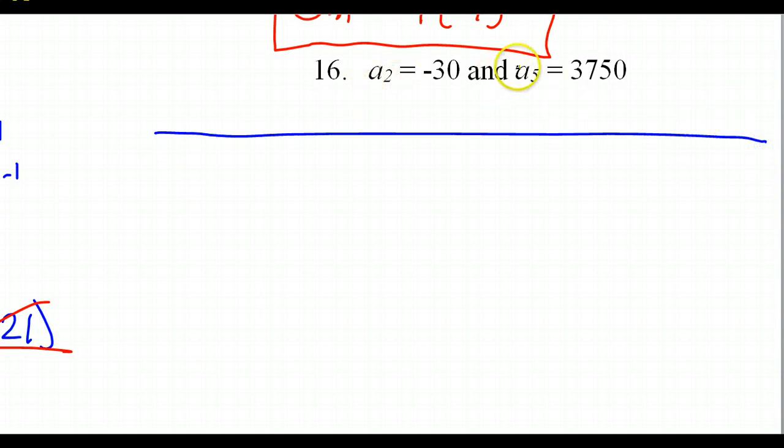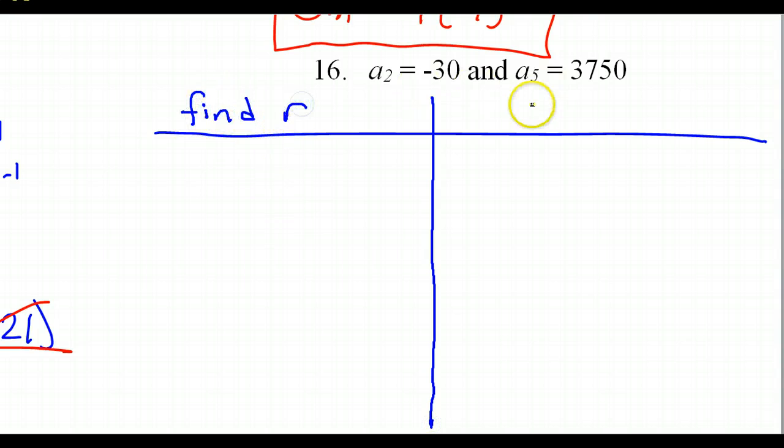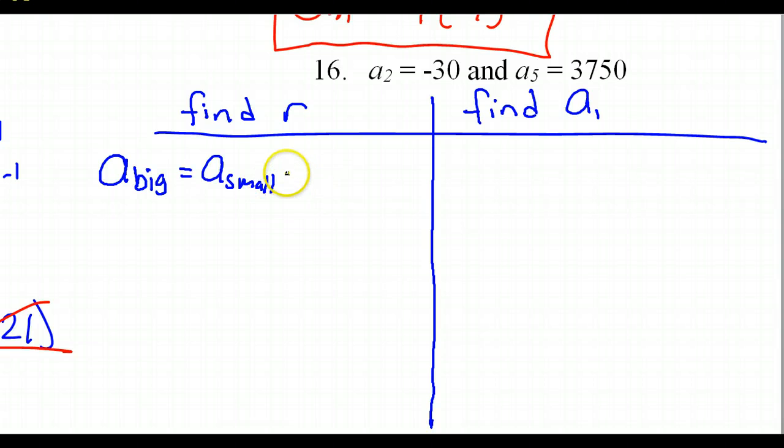In these problems where we are just given two random values, there are two things that we must do. We must find R, and then we must find A1. When we find R, we find it by using this version of the formula: A big is equal to A small times R to the big minus small power.